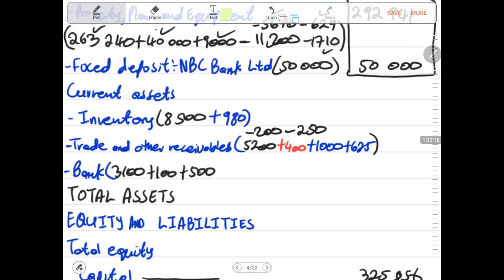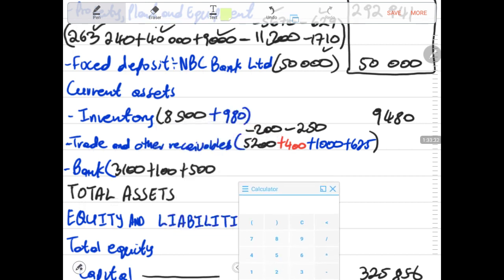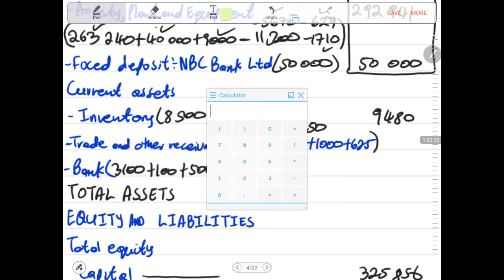292,941. You add inventory 8.5, it will give us 9,480, and our trade receivables total will be different than the memo says, because I did a little bit different. It will be 5,750 plus 1,025, which will be 6,775.